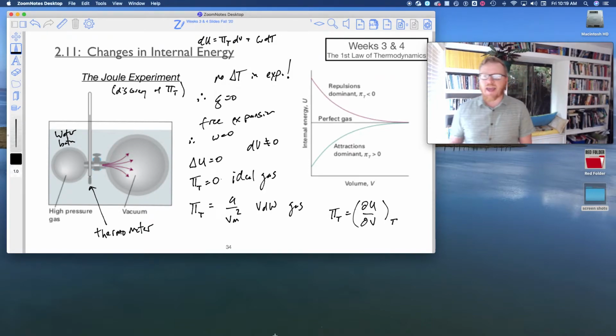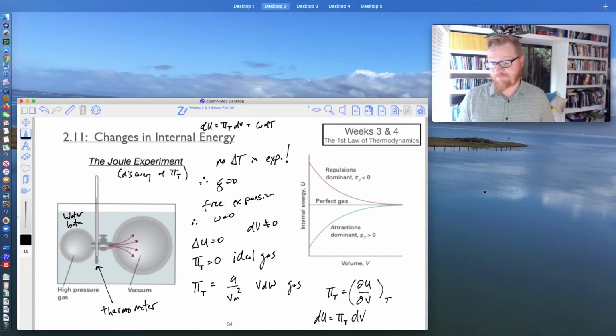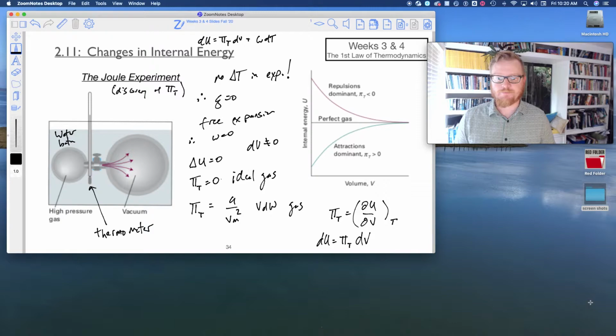So I can make a graph out of this relationship. Look, U versus V. All right. And so the slope of this graph will be Pi_T. So in other words, if I expand this, I can say dU equals Pi_T dV. Okay?